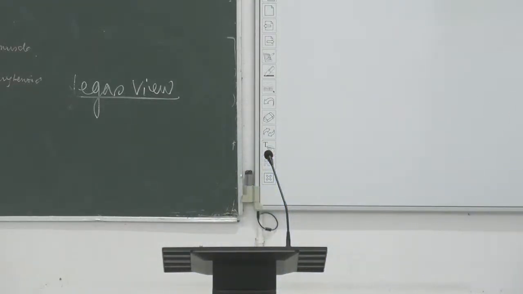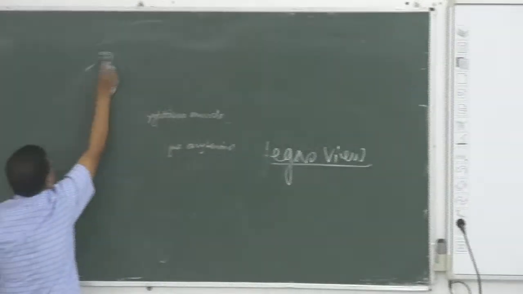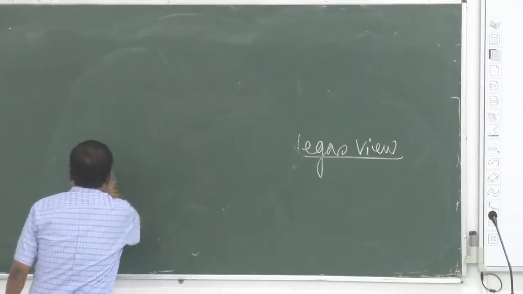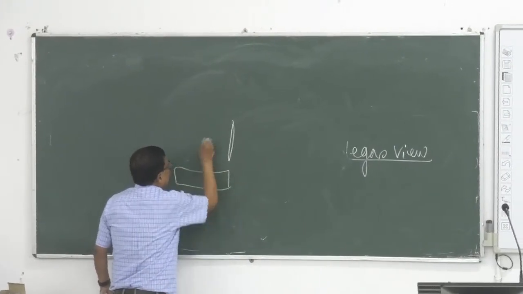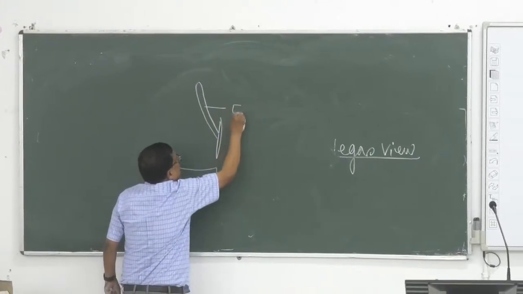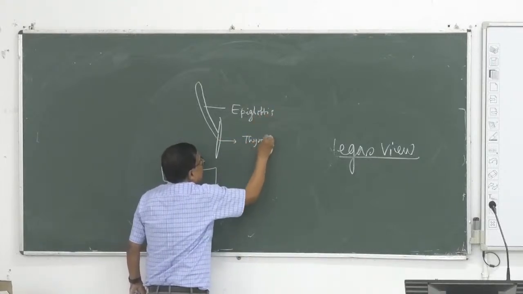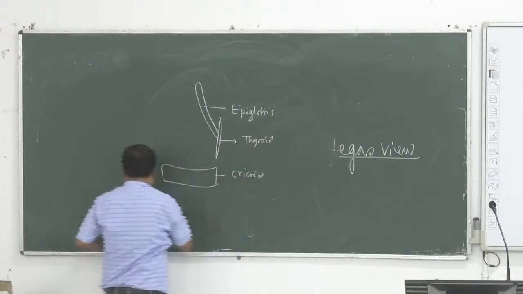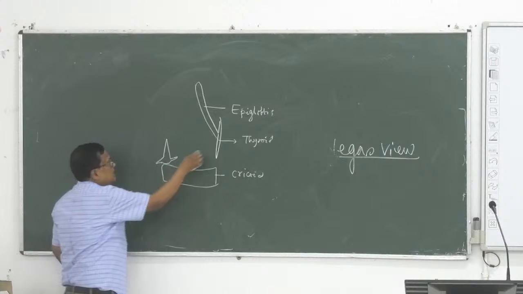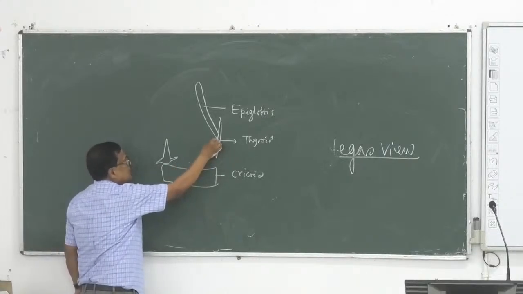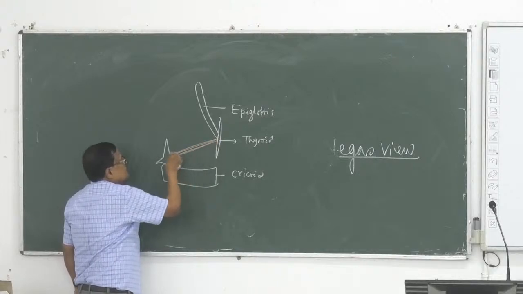Thyroepiglotticus. One more is left, cricoid. It takes origin from the posterior aspect of the thyroid cartilage and goes to the anterolateral surface of the arytenoid cartilage.